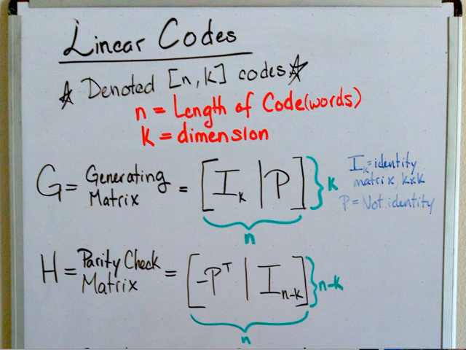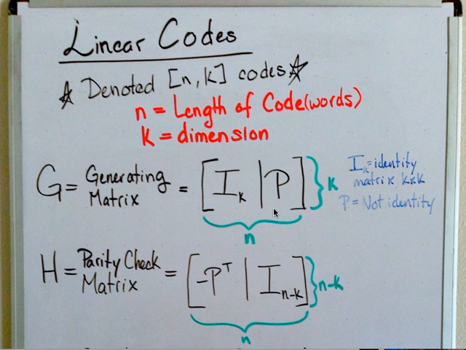When you are working with linear codes, there are two matrices that you primarily use. There's the generating matrix, G, and H, the parity check matrix, where G has the form I_k, an identity matrix that is k by k, and a part P over here, which is a non-identity matrix.